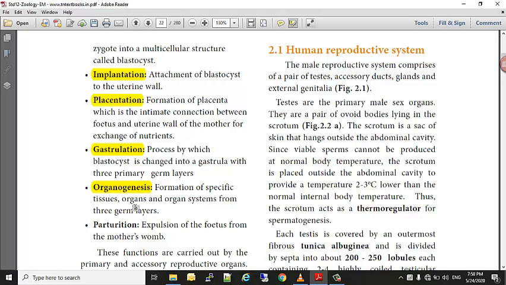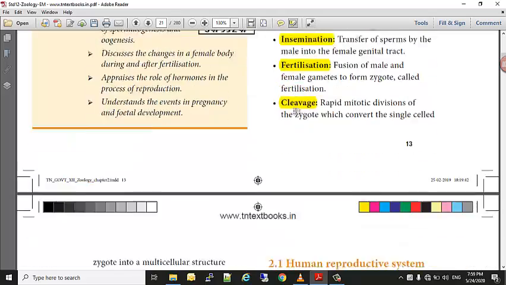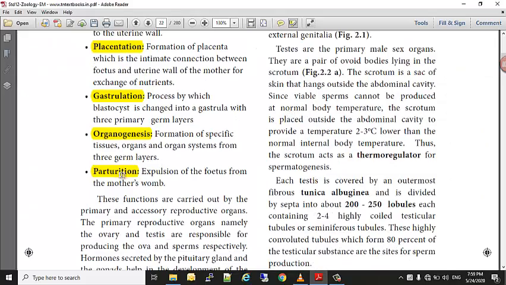So now the entire child with all the organs and organ systems is formed. Finally, the last event of human reproduction is childbirth, or child delivery, for which the term is parturition: the expulsion of the fetus from the mother's womb. So these are the sequential events from the formation of gametes till childbirth, and now you have a basic idea of the events that take place in human reproduction.